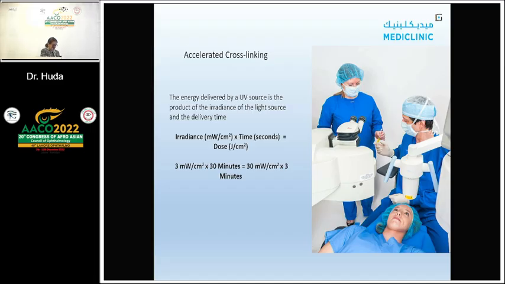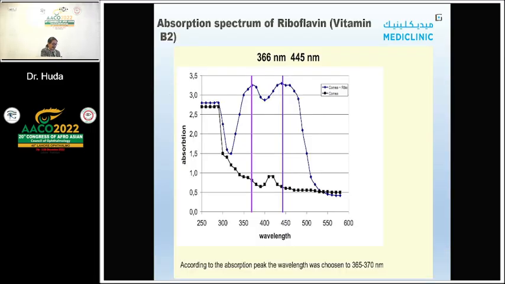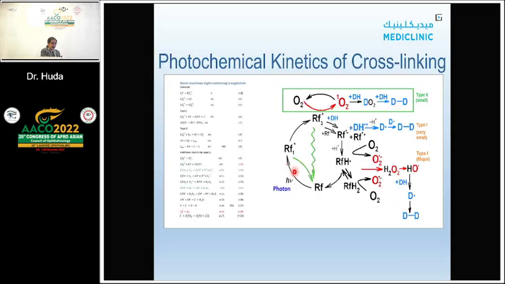So it's excellent for the doctor and for the patient. The ultraviolet light range is, as you know, between 366 to 445 nanometers. And we have two types of reaction in cross-linking: type 1, which is the delivery of radical oxygen, and type 2, which is the oxygenation.